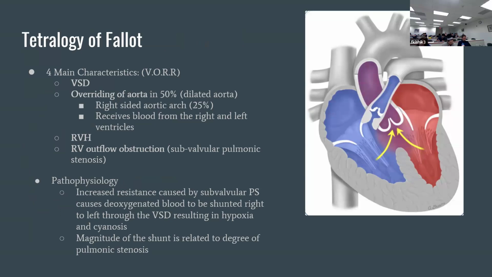So tetralogy of Fallot has 4 main characteristics. The acronym VOR sounds like 4. So maybe, I'm not sure if that's a real acronym or I just put it because I listed them like that, but I hope that helps. And you guys, you've seen this in peds already, right? Yeah, just a little bit.